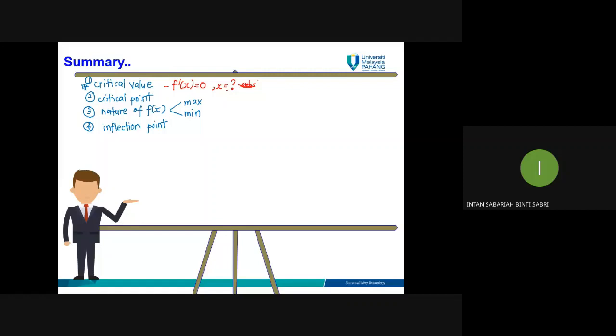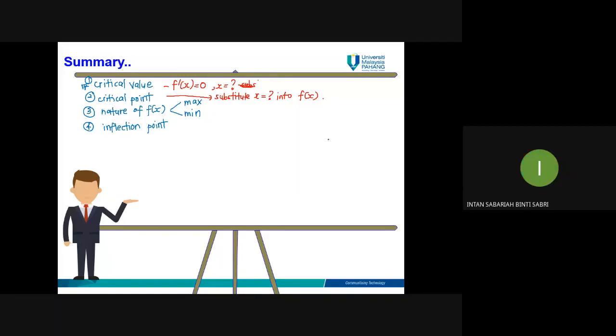To find the critical point, substitute x equal to that value into f of x, which is the original function. That is the critical point.